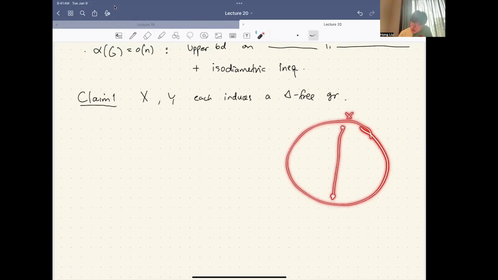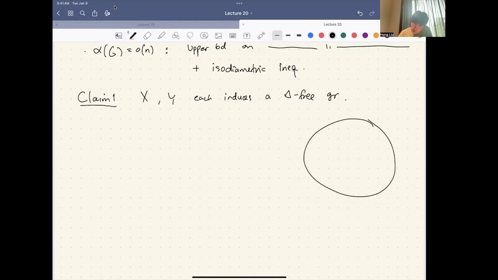If you are adjacent, X1, X2, you must go to the opposite side. But then where can X3 go? X3 is adjacent to X2, so you must also go to the opposite side. So let me draw this picture. You have X adjacent to X prime. Then where can X double prime go? And these two are too close to be antipodal. So they cannot be adjacent.